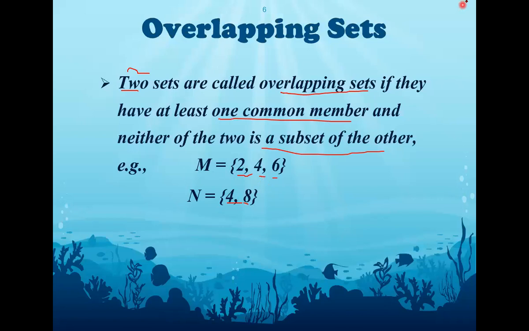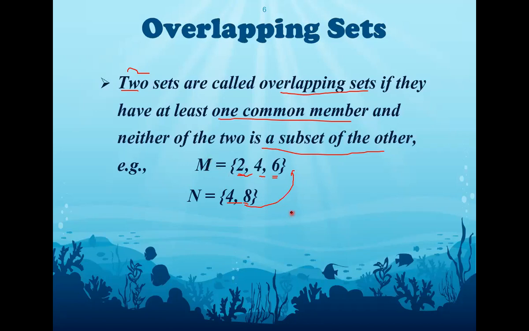Which is the common member here? 4. And 2 and 6 are not present in set N. Similarly, 8 is not present in set M. Both have some common members and some uncommon members. Such sets are called overlapping sets.